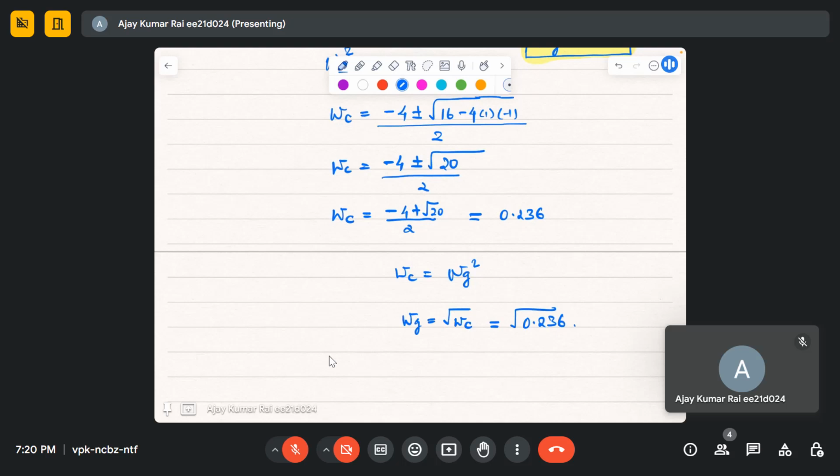So I'm getting 0.4857, 58 I will write. So this is in radian per second.